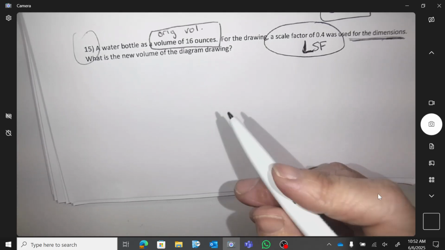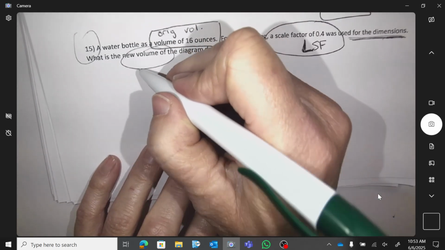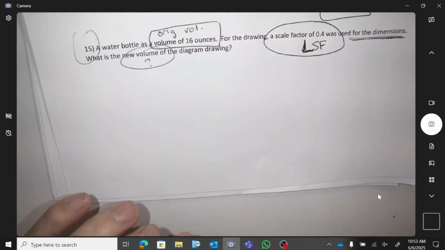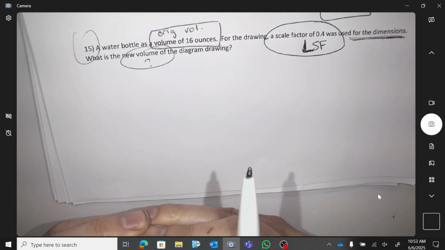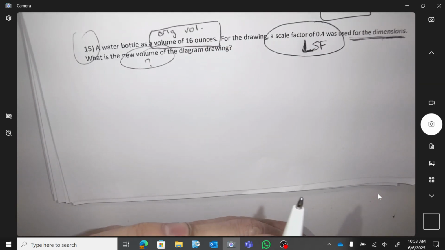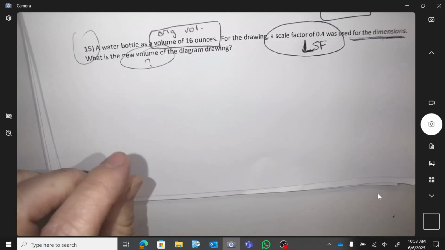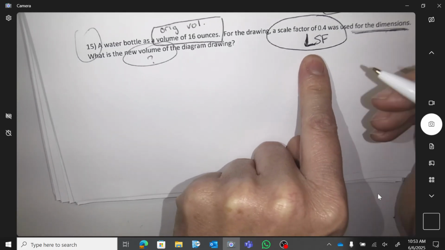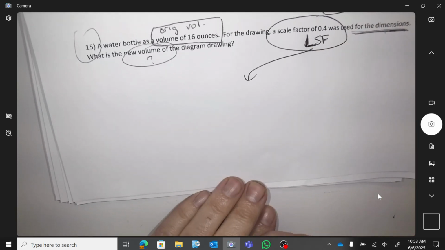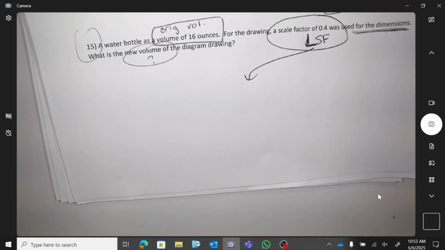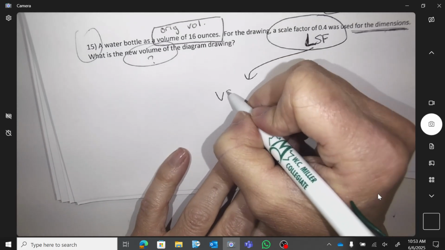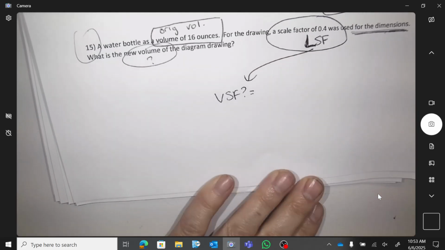Okay, what is the new volume? That's my question. So what do you think I really need to find out? If I want to compare to get volumes, what do you think I need? I don't want linear scale factor, I want a volume scale factor.